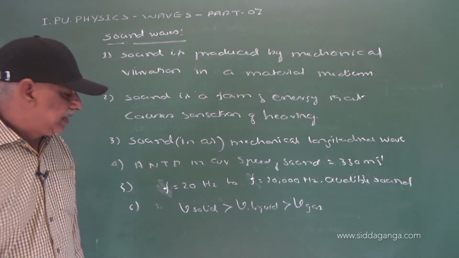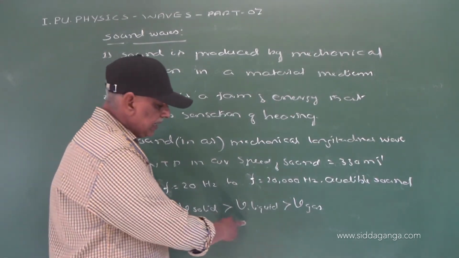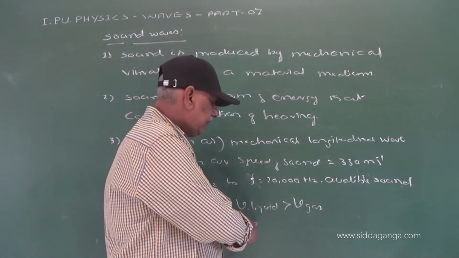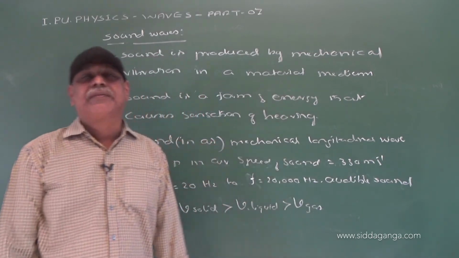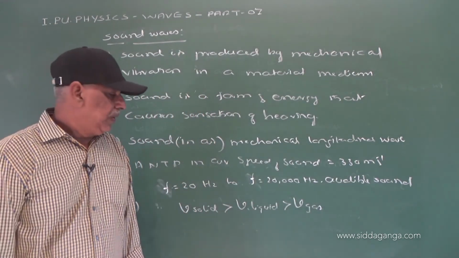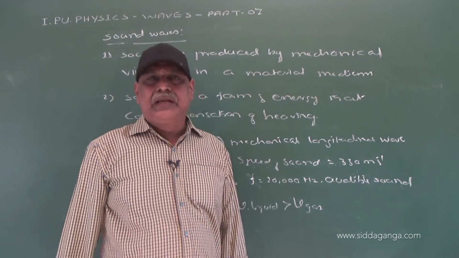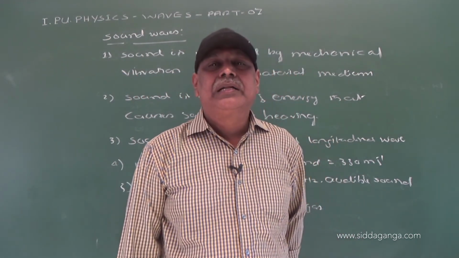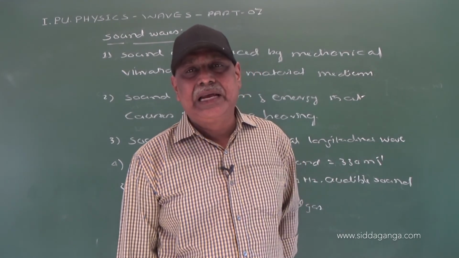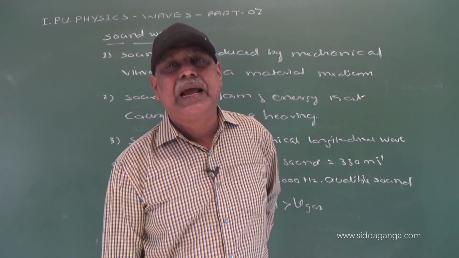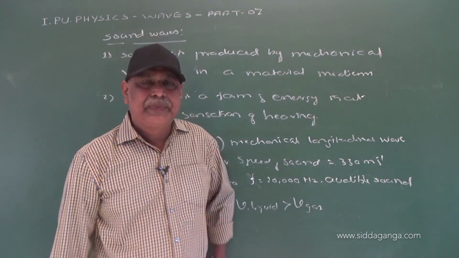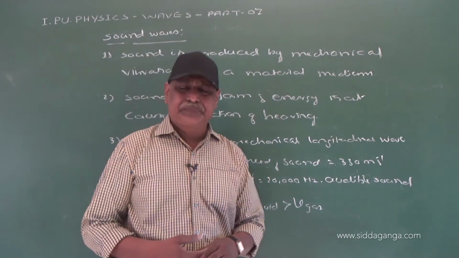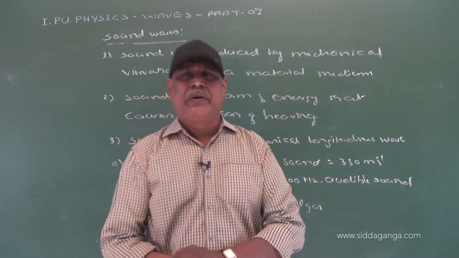It is because the elasticity of solid is greater than that of liquid, which is greater than that of gas. Apart from this, the velocity of sound in a material medium depends upon properties like elastic property and density.